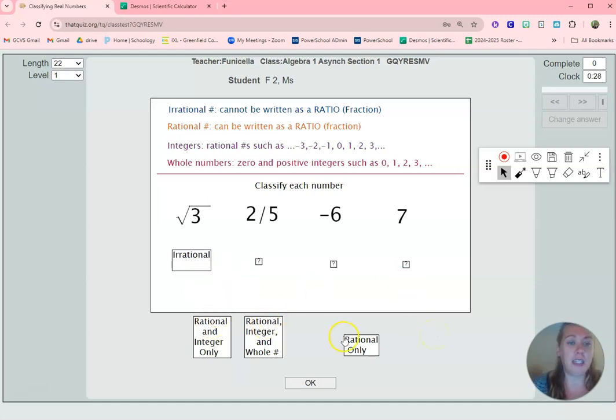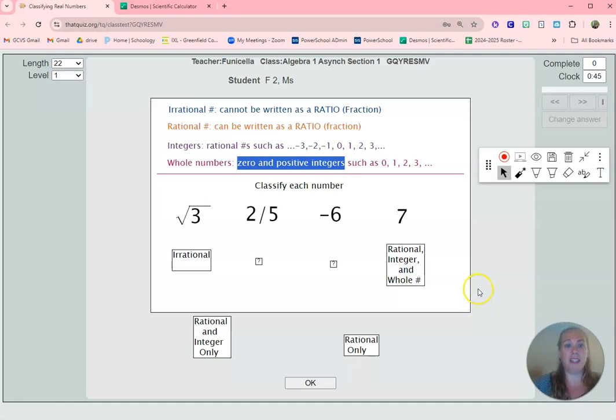Now the other 3 it says are rational, but now we're classifying them as integer, just rational, or a whole number. So whole numbers are 0 and positive integers. So an option that we have here for a whole number is this number 7. That is a positive integer.